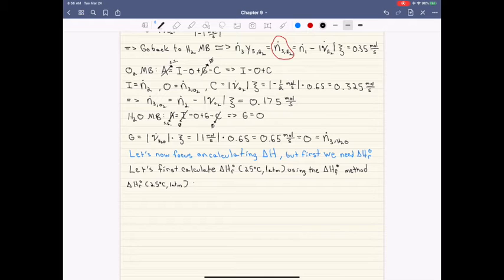We know that the standard enthalpy of reaction is equal to the sum of the products of the stoichiometric coefficient for everything times the heat of formation for the species. And here you subtract off the reactants, using the stoichiometric coefficient and also the standard enthalpy of formation.